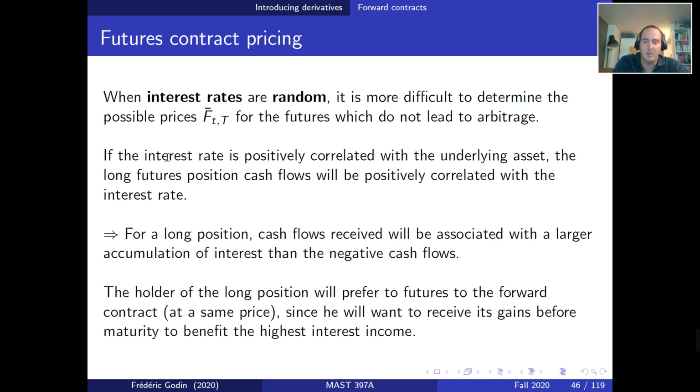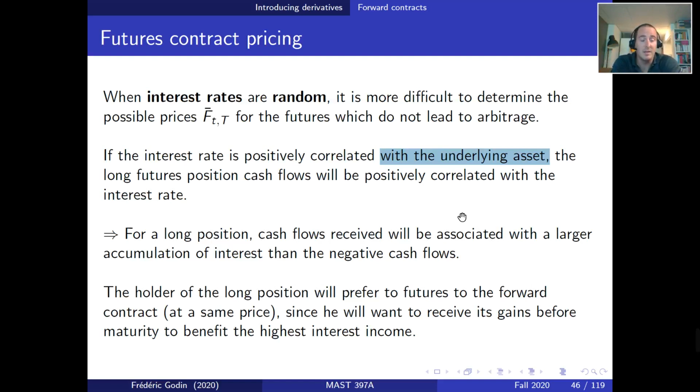So the first case that we have to consider is what happens if the interest rate is positively correlated with the underlying asset. Okay, so what happens if interest rates tend to go up at the same time as the underlying asset, or the stock underlying the futures? Then, if the stock goes up, the long position receives a positive cash flow, and interest rates jump at the same time, so he'll be able to make more money on the cash flow he received.